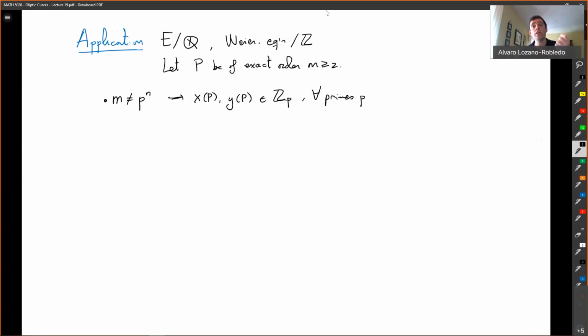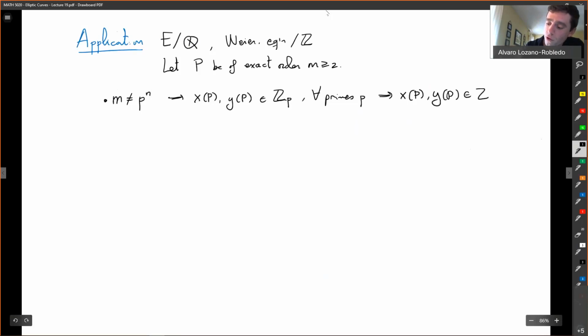Any denominator, a 2, a 3, a 7, would prevent it from being in Z_p. If there is a p in the denominator, it cannot be p-adically integral. So if it is p-adically integral for all primes, then it has to be an actual integer. So the coordinates are integers, okay?